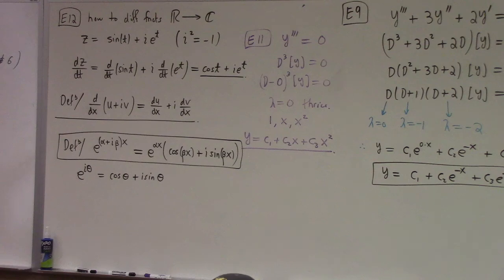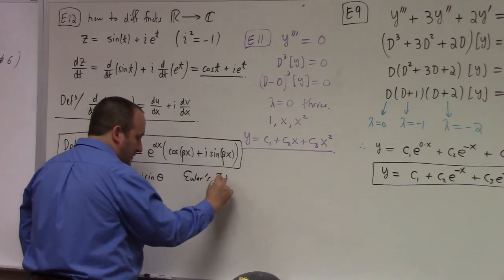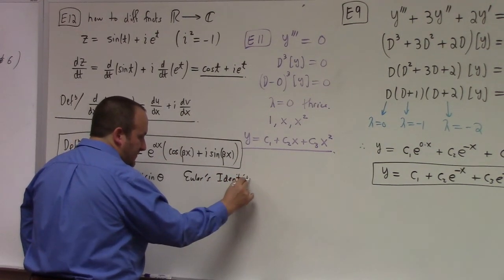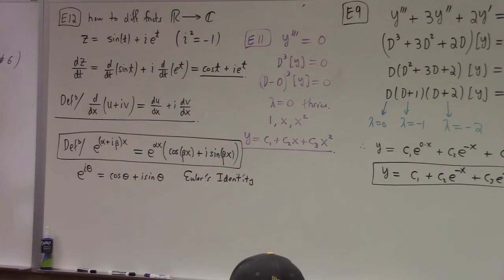Okay, so what I just wrote is called Euler's identity. What it does is it relates sine and cosine to the so-called imaginary exponential. But that's how we define the complex exponential. There it is. It's a combination of real exponentials and sines and cosines.